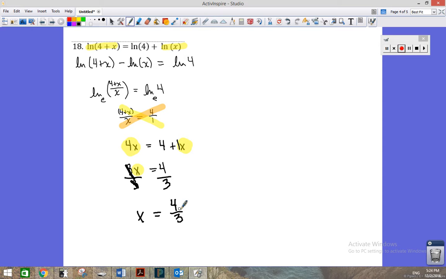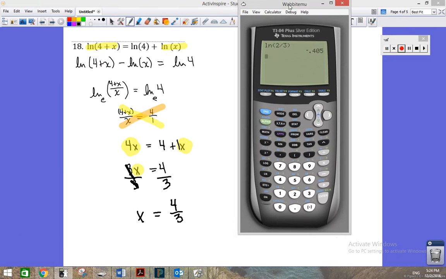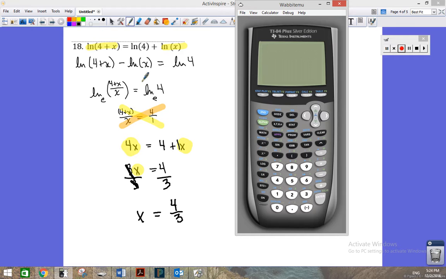Now, when I plug in 4/3, I'm not taking the log of a negative number or 0, so if I haven't done any silly mistakes here, this is not an extraneous solution. It should check. And I guess we can plug in the calculator real quick just to make sure. On the left-hand side, what do we get? Well, if we have the natural log of 4 plus this improper fraction 4/3, what do we get?